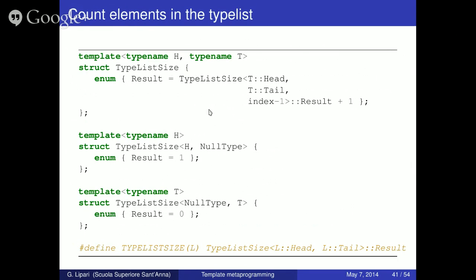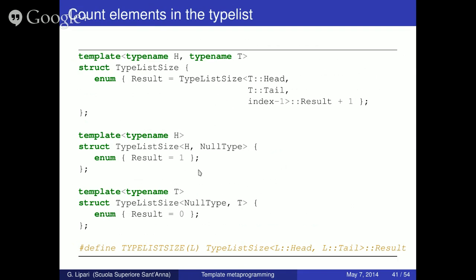Okay, then we can define other functions, like for example computing the number of elements in the type list. Again, I write a structure that works in general. Then I write a structure that works when I have a null type as a second element. And then I write a specialization when I have something different from the null type as element.